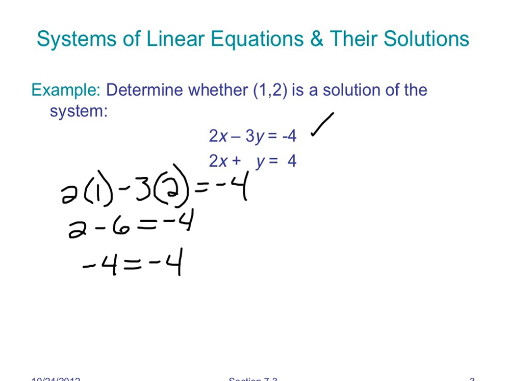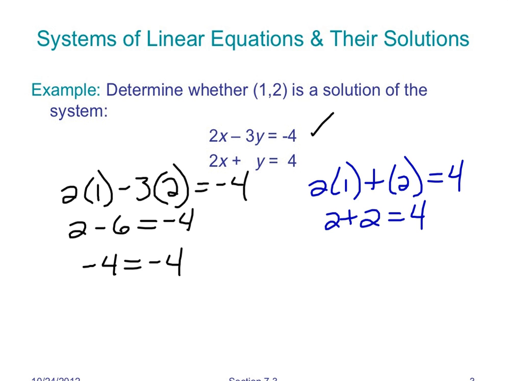We have to check with the other equation as well. So we're going to plug it into the second equation this time. 2 times my x value of 1 plus my y value of 2. Does that equal 4? 2 times 1 is 2, plus 2, and 2 plus 2 is 4.